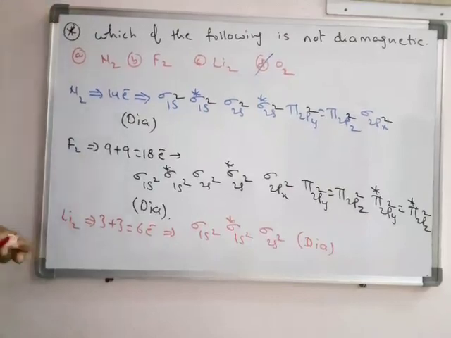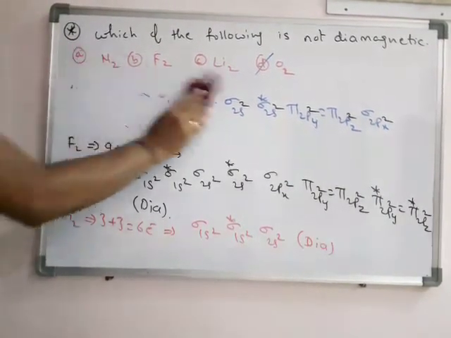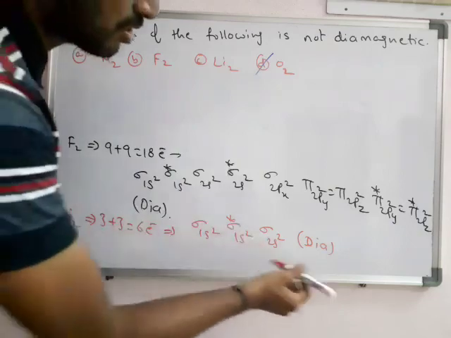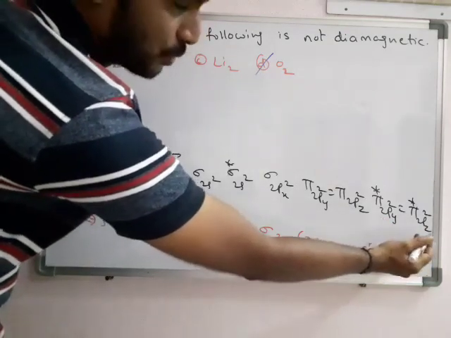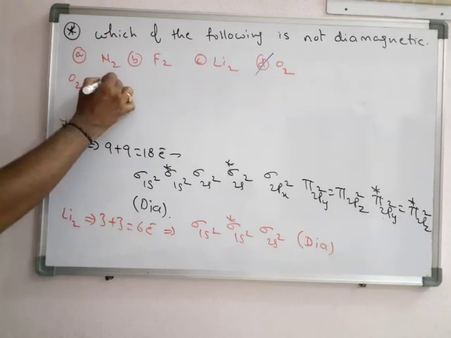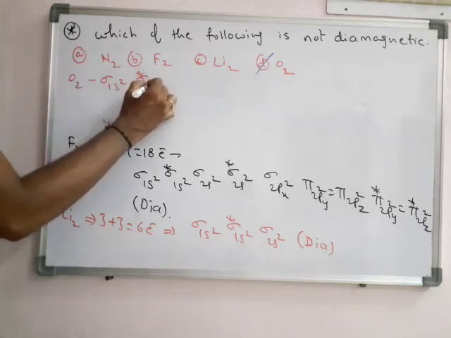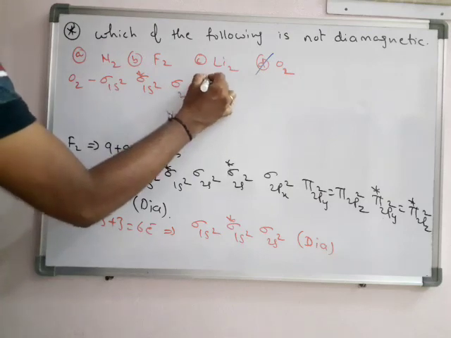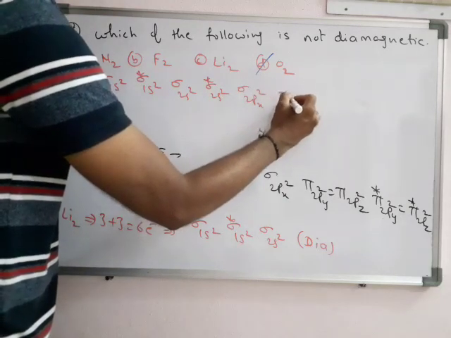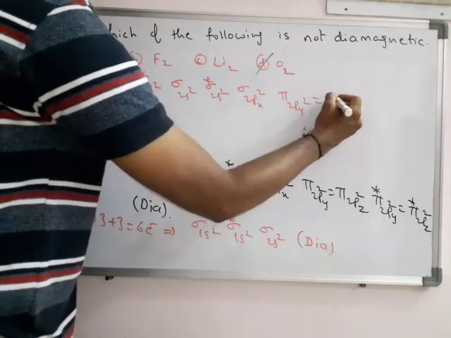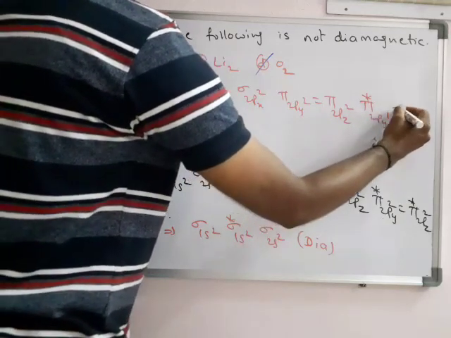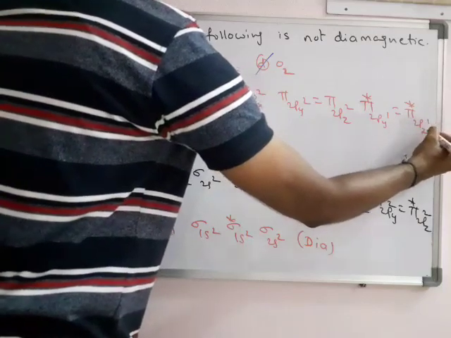If you have any doubts, you can write it again. It is guaranteed that O2 will be paramagnetic. With 16 electrons, sigma star 1s2, sigma 2s2, pi 2pz2, pi star 2py1, pi star 2pz1, so it has 2 unpaired electrons.